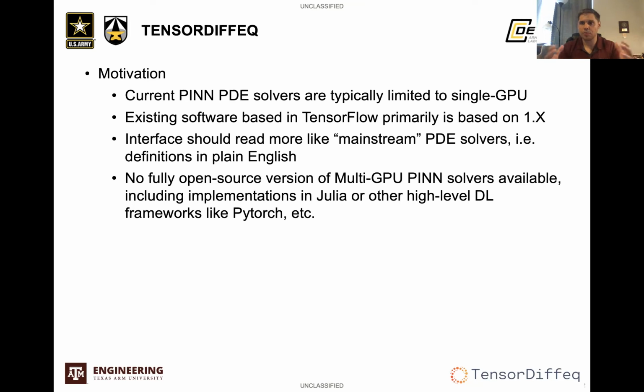There's no scaling across multiple nodes right now, for those that know the distributed computing frameworks and how you can distribute across different GPUs and different processors. So currently it's limited to a single node, multi-GPU, but I've solved problems with millions of collocation points. And the weak scaling is pretty good with TensorDiffEq.